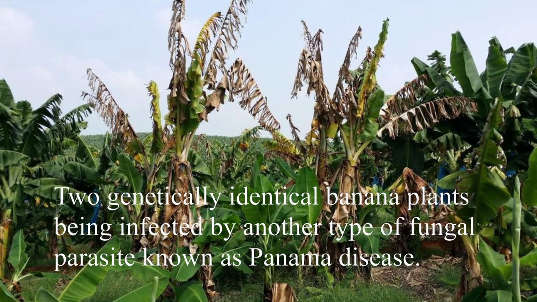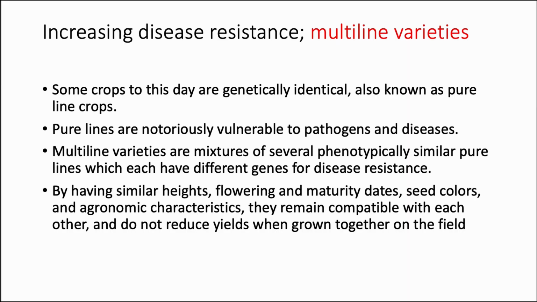So Norman Borlaug used his brain again, and he realized that he can grow plants that are genetically dissimilar, multi-line varieties. So he came up with fields of wheat that were multi-line. They had different individuals that have different genomes.